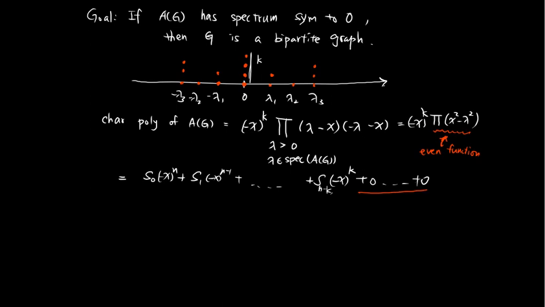So there are lots of zeros in the end, and this part is going to be even. That means S1 equals S3 equals something, and all the odd terms are going to be equal to 0, supposing the eigenvalues are symmetric to 0. So that's the consequence, and then we're about to make the conclusion.